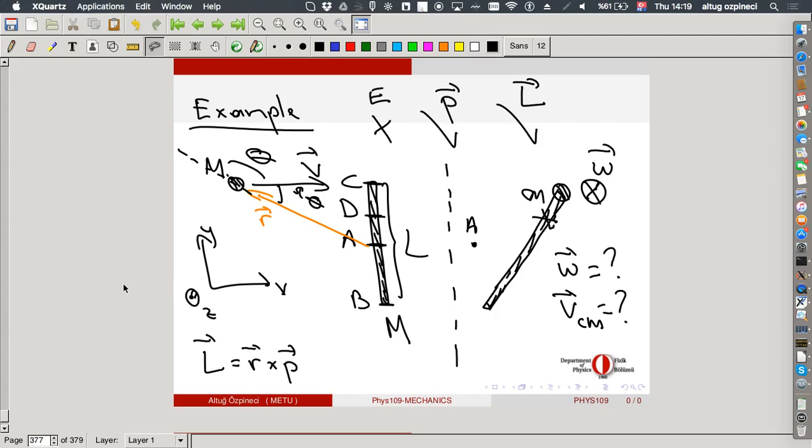At the moment that this mass M hits this rod, at that instant, before the rod has been displaced, before it covered any distance, this is the position of the center of mass. And we know that the velocity of the center of mass is constant. So the center of mass is just moving with constant velocity, basically going on a straight line. That's why I just moved it over here. This is the trace of the trajectory of the center of mass.